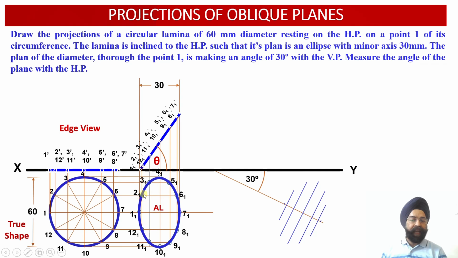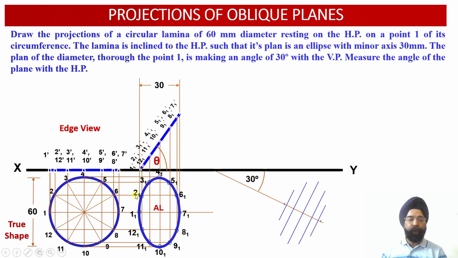So once I measure this distance, the distance of the center line to point 2, it is the same as the distance of the center line to point 12, the center line to point 8 and the center line to point 6. So once I measure only one distance, I will be able to mark these 4 distances. From this point measure the same distance over here, from this point measure the same distance. So another 4 points.